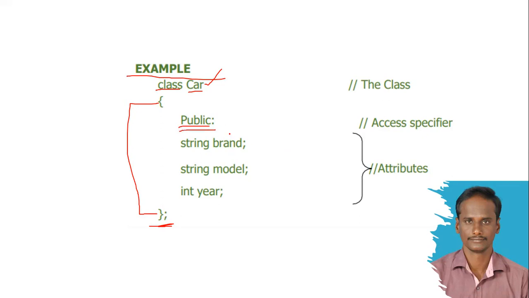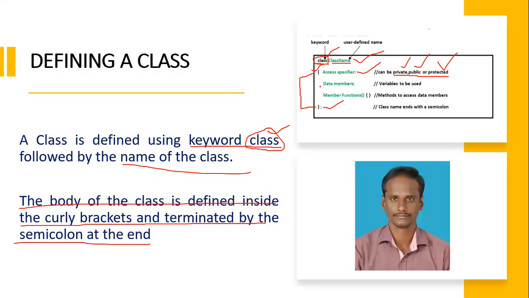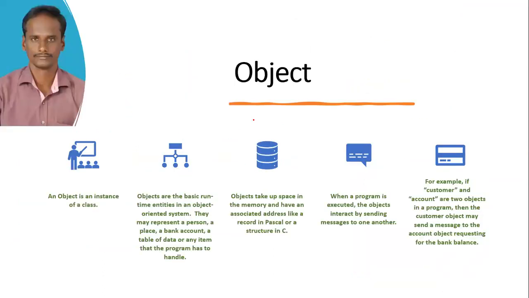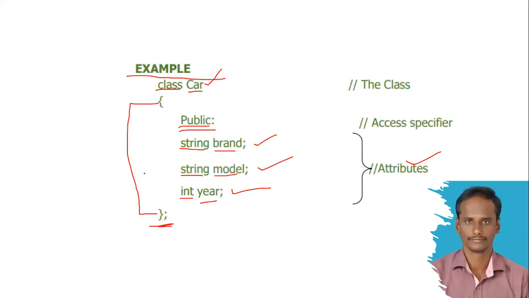So under public, I have defined three data members: brand, model, and year. Brand is of type string, model is of type string, and year is of type int. We can call these attributes also. Next one is member functions. Here our class does not have any member functions.